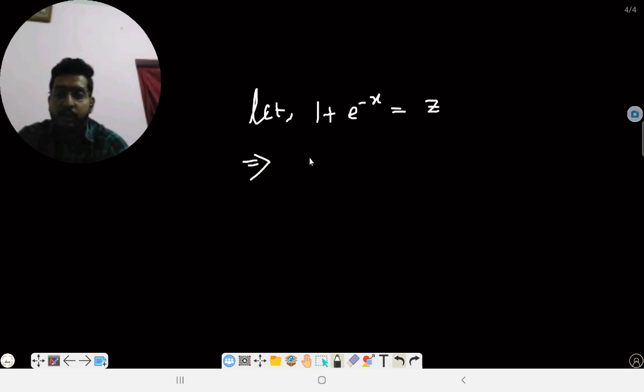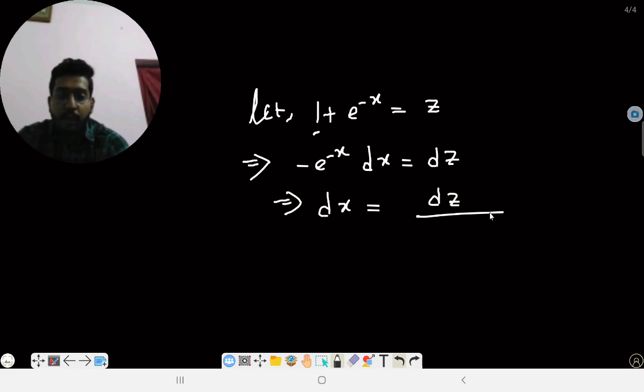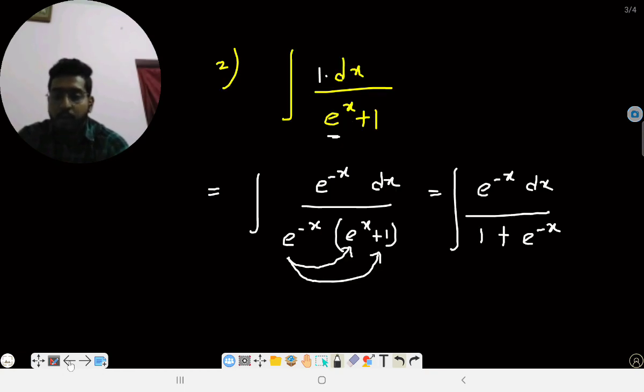Now differentiate this one, that will become minus e to the power minus x, because derivative of 1 will be 0. So that will be minus e to the power minus x dx, it will be dz. Now from here you can see what is the value of dx. Dx will be dz by minus e to the power minus x. Now put the values here.